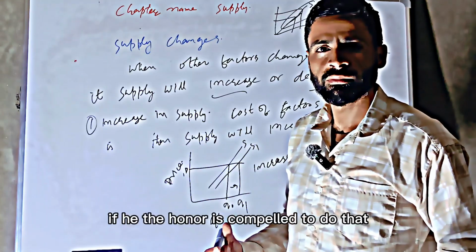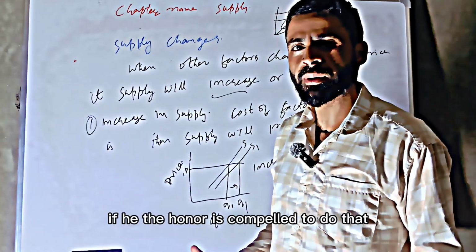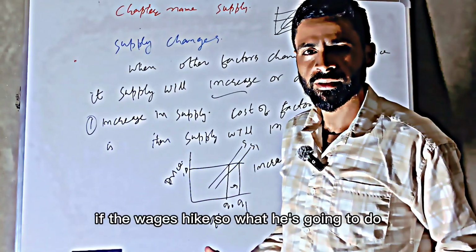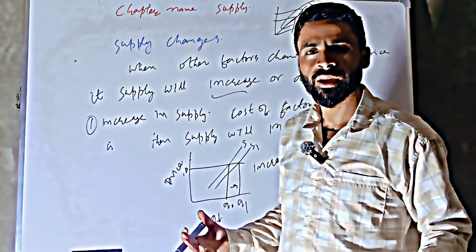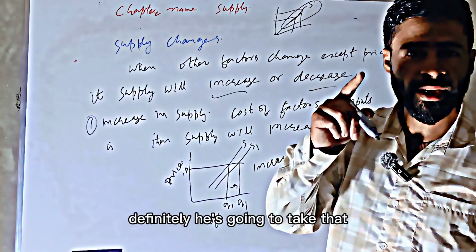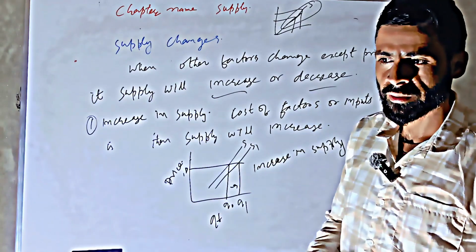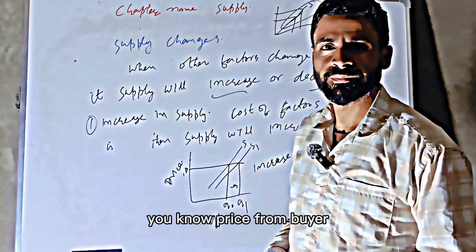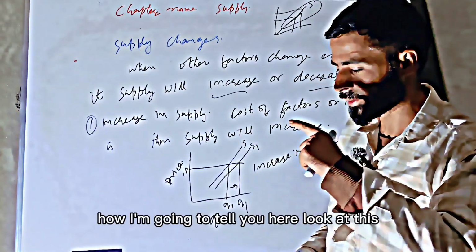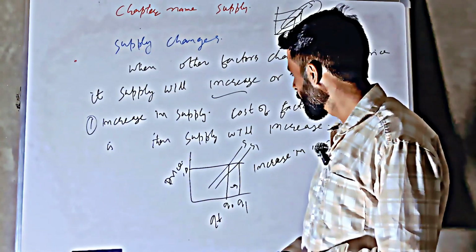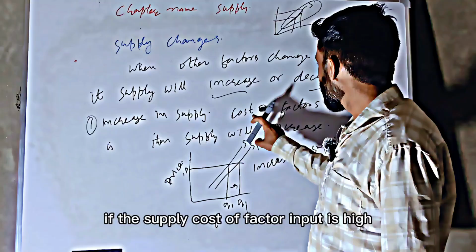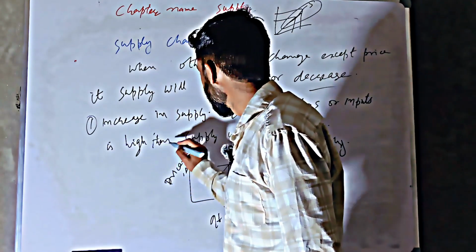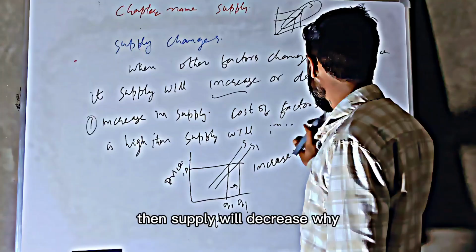If the owner is compelled to do that, if the wage hikes, so what is he going to do? Definitely he is going to take that price from the buyer. How? I'm going to tell you here. Look at this. If the cost of factor input is high, then supply will decrease.